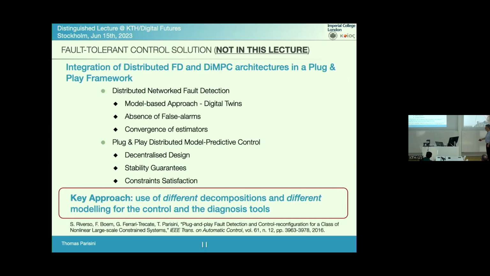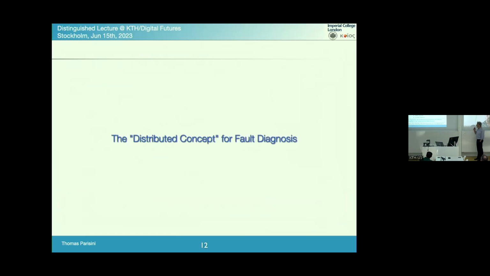But the key point is that the way you decompose the system into subsystems, in general, differs. The monitoring part and the control part have a different decomposition. They do not need to have the same, okay? And this is dealt with in this paper. Here, I'm going to connect the digital twin solution with just the first part, with the distributed network fault detection, and this is what I'm going to talk about from now on.